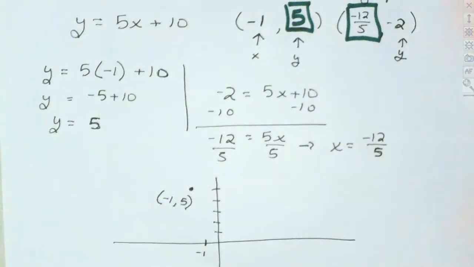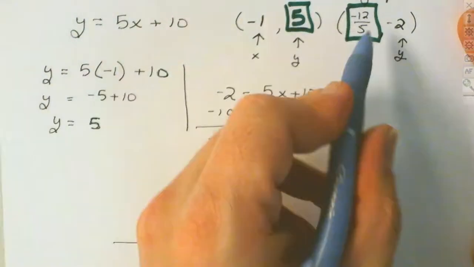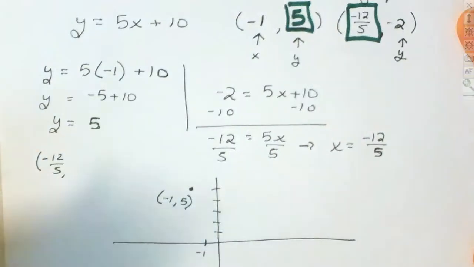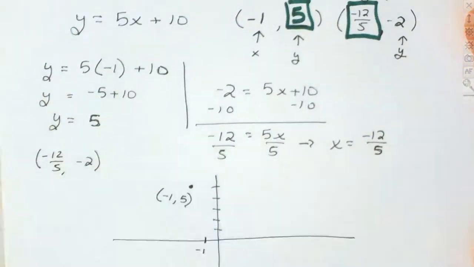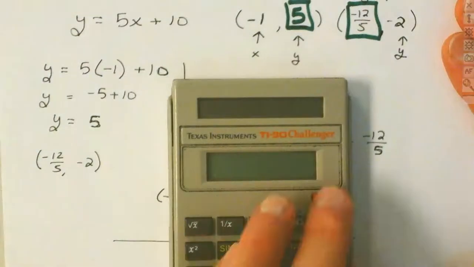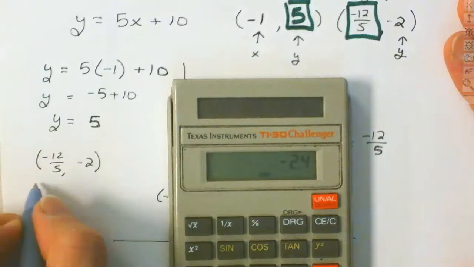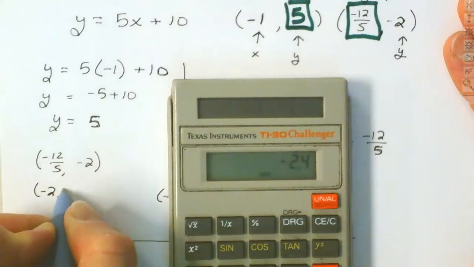All right. Now, what about the next one? Well, the next one got a fraction, but let's get the decimal equivalent. That way we can plot it. Now, what's the decimal equivalent of -12 fifths? Okay, -12 fifths. What does that come out to give you? That comes out to give you a -2.4.